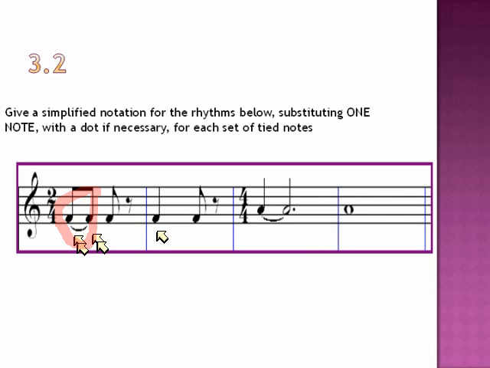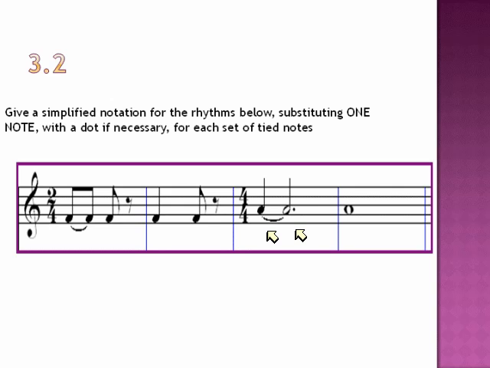The next example is 4/4 time, 4 beats in a measure. A quarter note gets 1 beat. It's a quarter note tied to a dotted half note. Adding those beats together, it makes it one continuous sound when it's tied. A quarter note in 4/4 time is 1 beat. A dotted half note in 4/4 time is 3 beats.